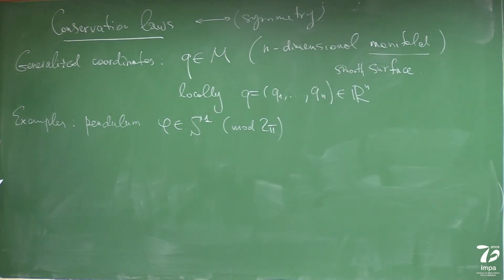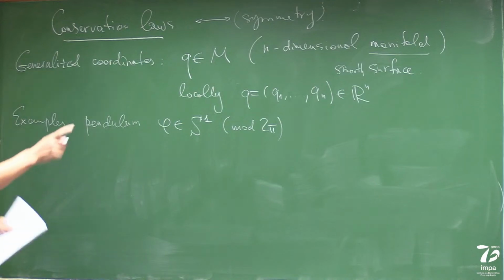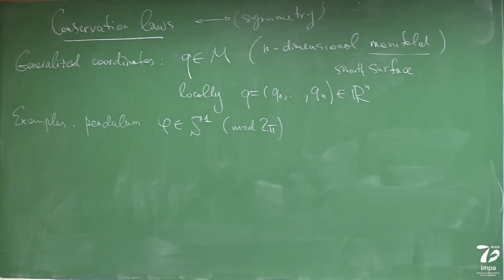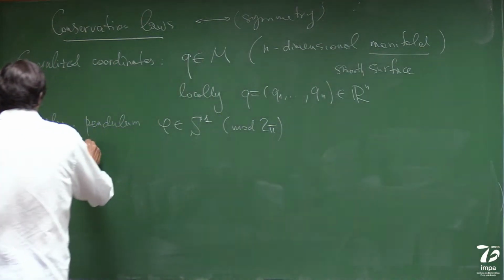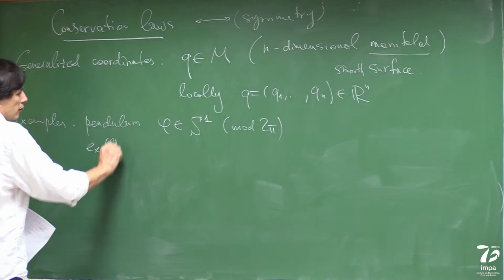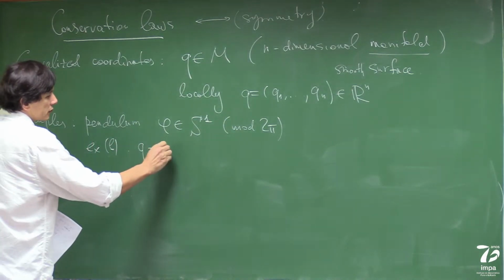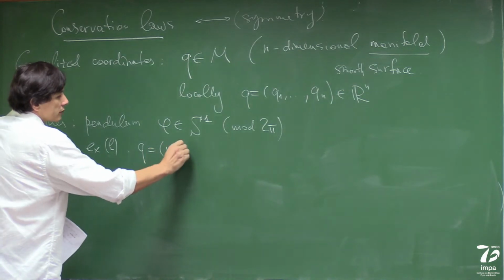The more sophisticated example is the case, this example B. So you see there were two coordinates. So exercise B. Here the generalized coordinates are angle and position.